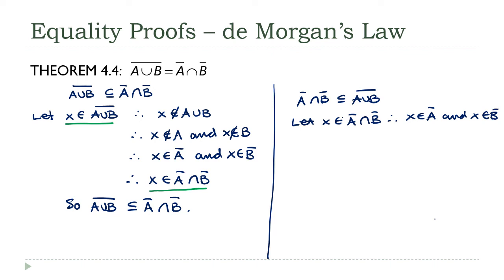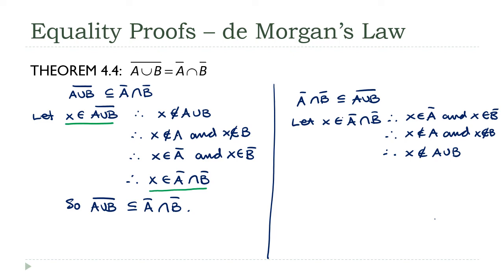It has to be in both of them. Therefore, X is not an element of A and X is not an element of B. Therefore, again, X is not an element of their union.